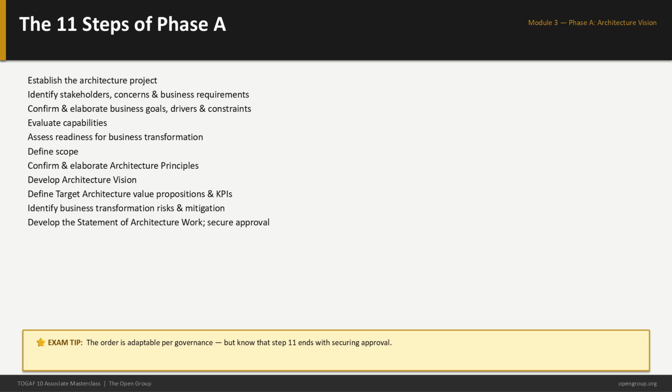Confirm and elaborate the architecture principles. 8. Develop the architecture vision. 9. Define the target value propositions and KPIs. 10. Identify business transformation risks and mitigation. And 11. Develop the statement of architecture work and secure approval. Importantly, the order is adaptable to your situation under governance, but always remember that the phase ends, at step 11, by securing formal approval.